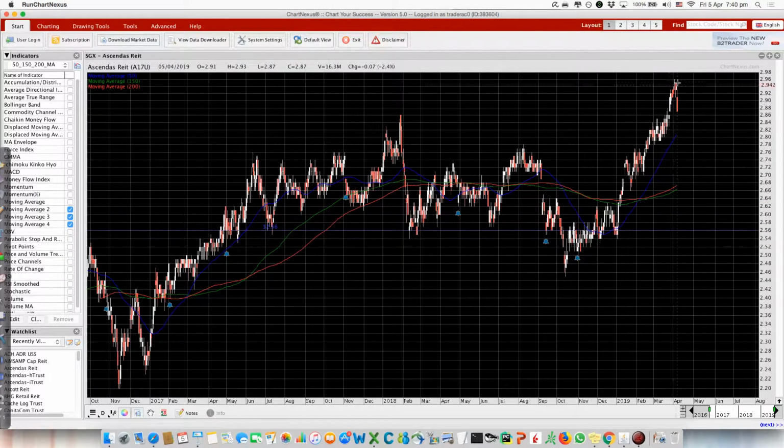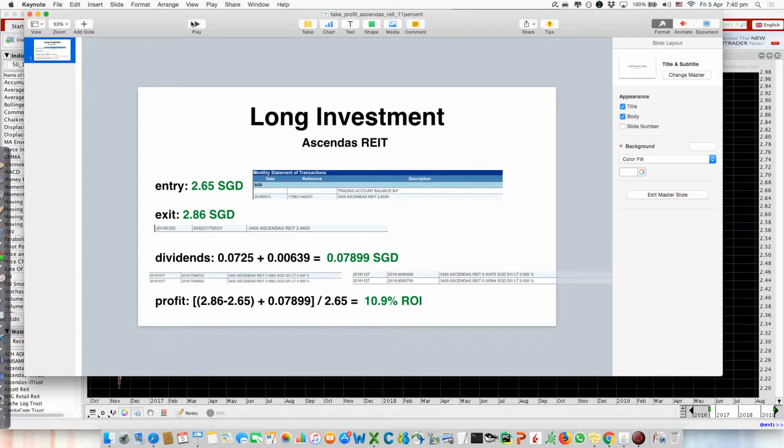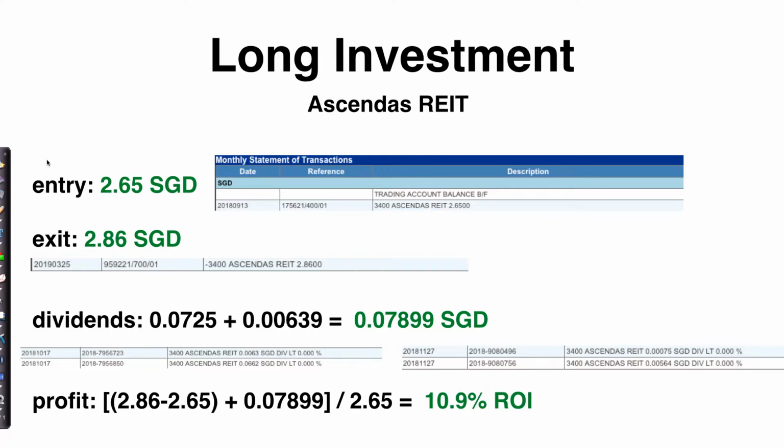Even though the price went up later, I didn't really feel bad. Now what I will do, I will wait, and when the price goes down enough and the yield is attractive again, I will buy again, because this is a great REIT. Fundamentally, it's very strong.